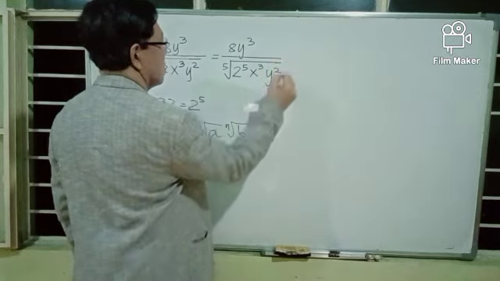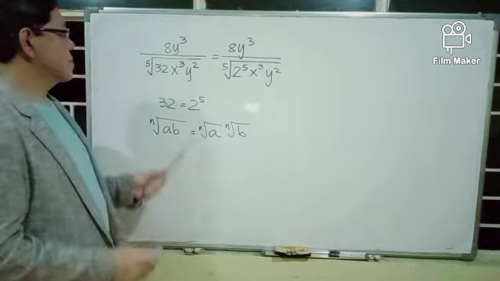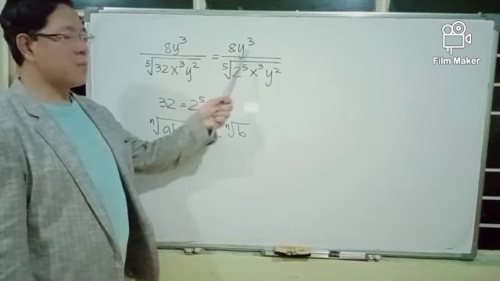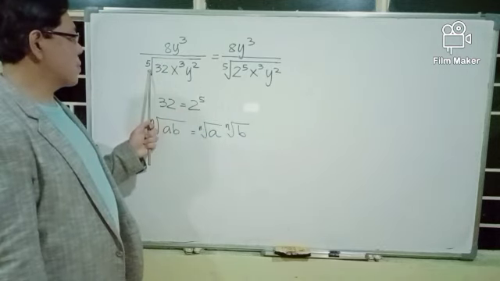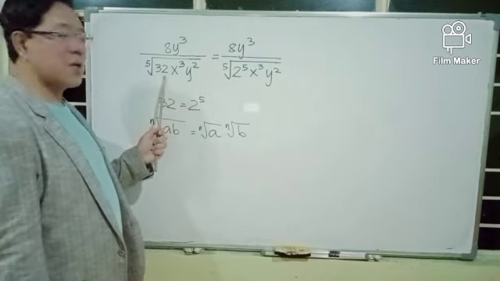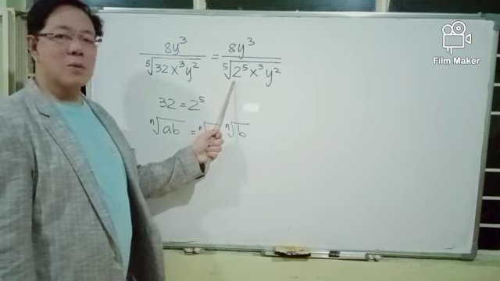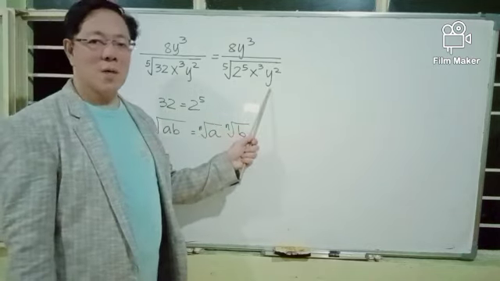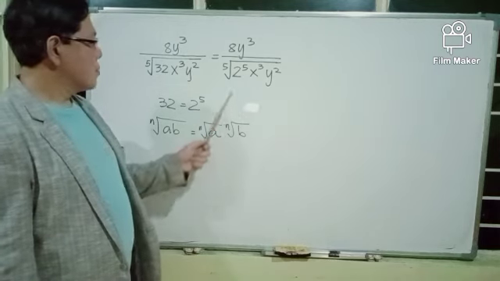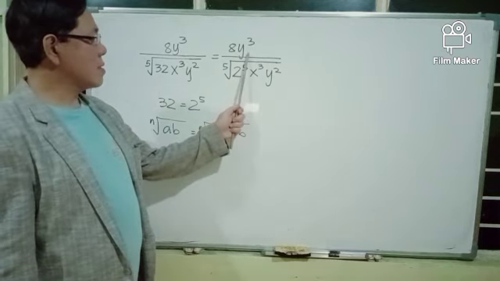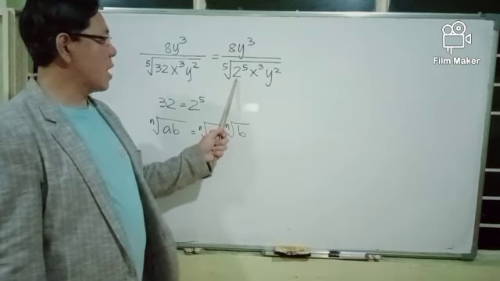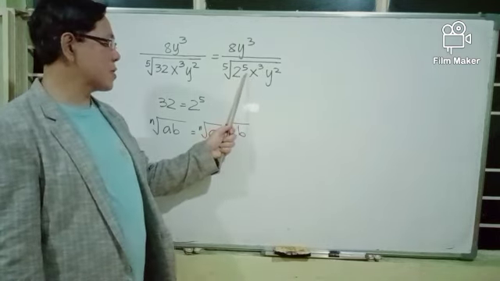So the given expression is equal to 8y cubed divided by the fifth root of 32, which we have written as 2 raised to 5, multiplied by x cubed multiplied by y squared. We now separate 2 raised to 5 from x cubed y squared because we can extract the fifth root of 2 raised to 5.